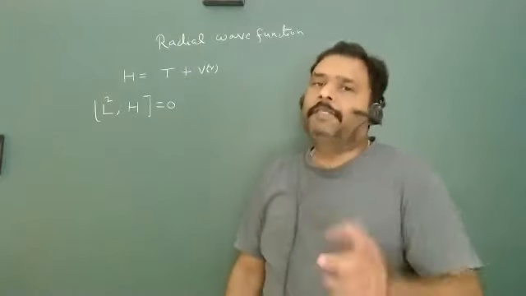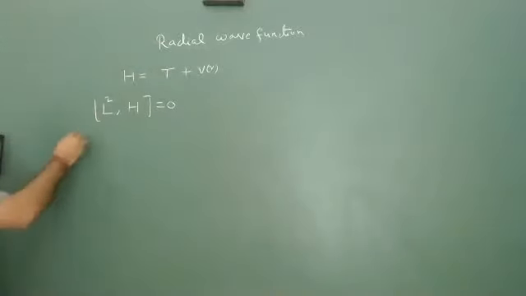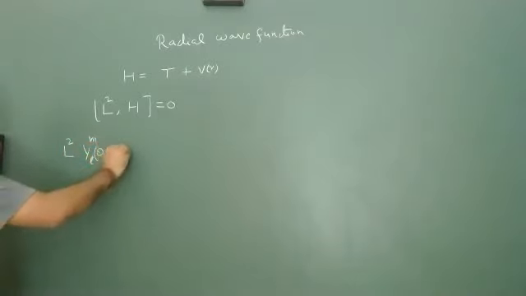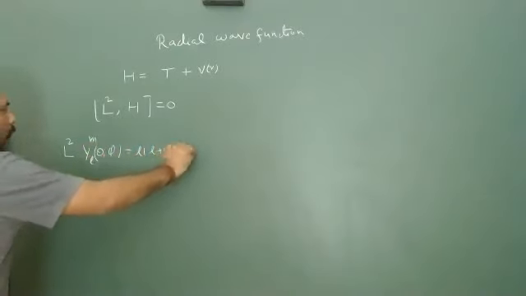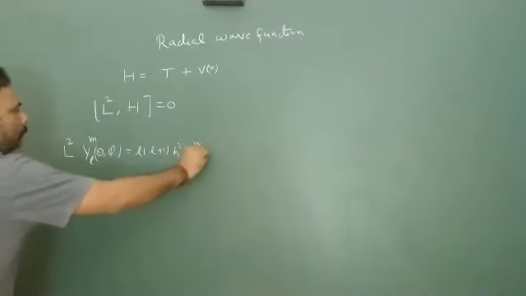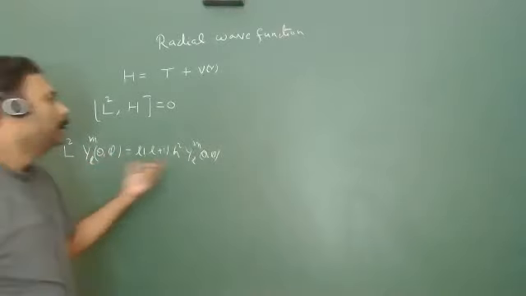So what is the eigenfunction of L square? We found it in the last two or three classes. You know that L square operating on Y_lm(theta, phi) is equal to l(l+1) h-cut square Y_lm(theta, phi). So this is the whole story, and this is the concept.